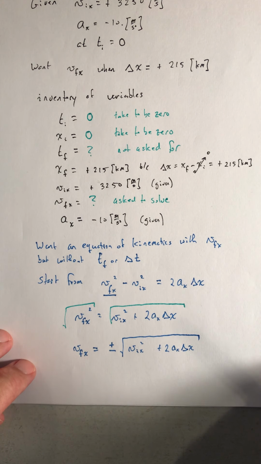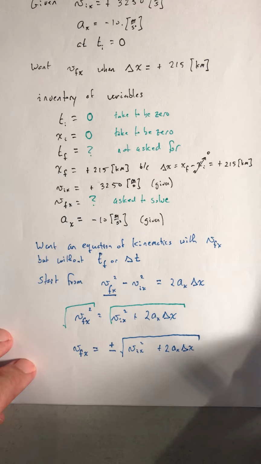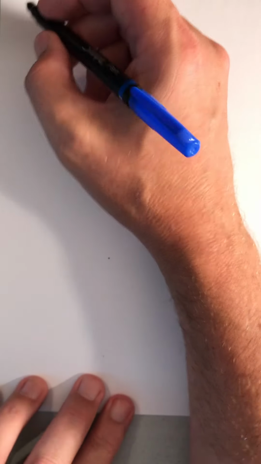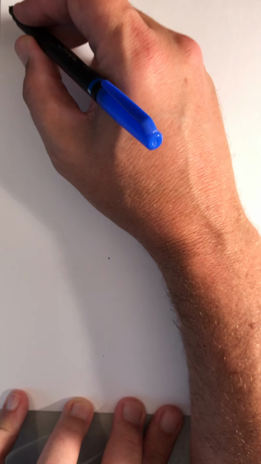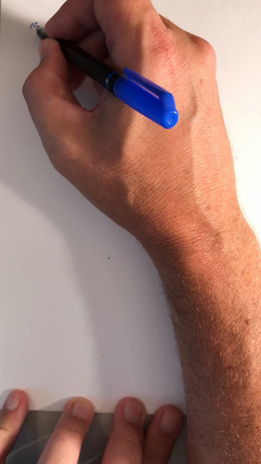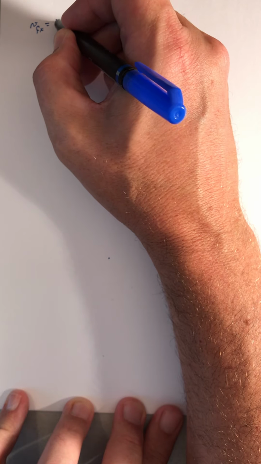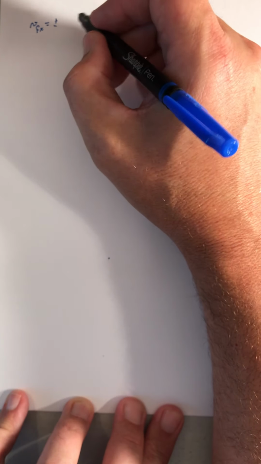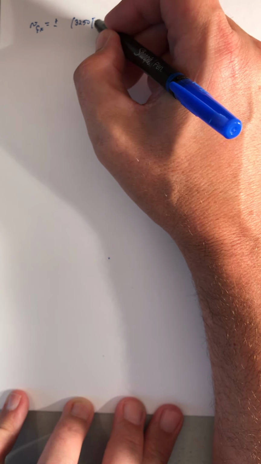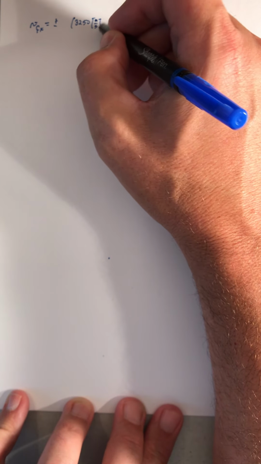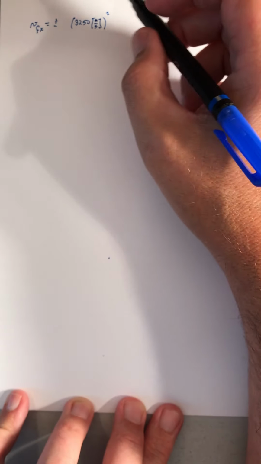All right, let me go to a new sheet of paper and actually substitute in values. So this is going to be a long one. V final x is going to equal plus minus the square root of: I'm going to have 3250 meters per second quantity squared.